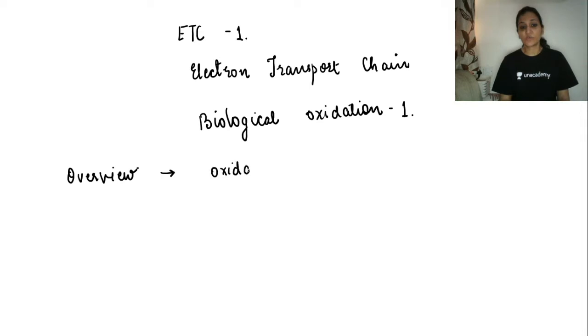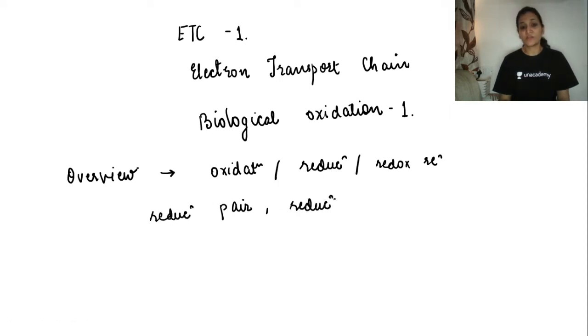You should know what is oxidation, what is reduction, what is redox reaction, what is redox pair, what is reduction potential, and the site of electron transport chain.